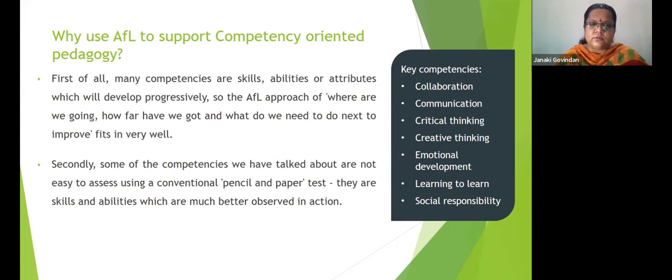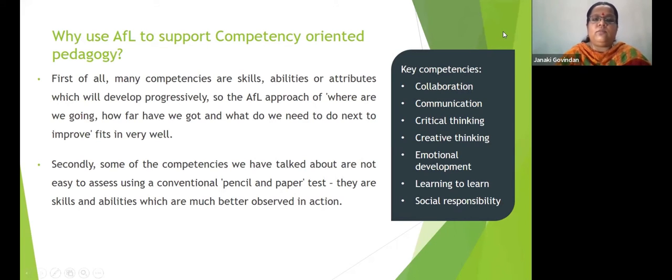And social responsibility, how to grow up into an ethical and social citizen. These are all the key competencies that our education system has to teach our students. And these competencies are not tangible like learning outcomes. They are skills that the children eventually learn over a period of a few years, many years for that matter.